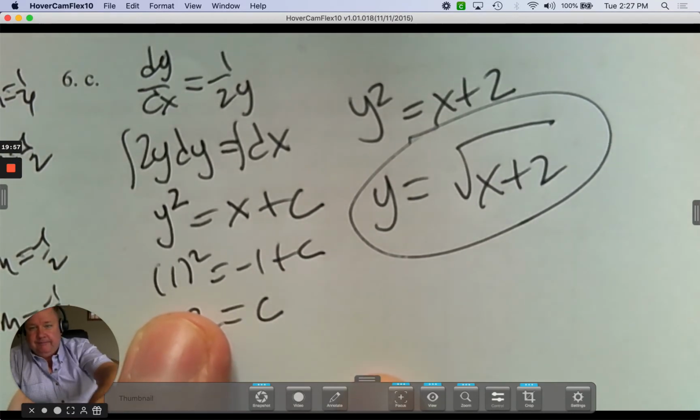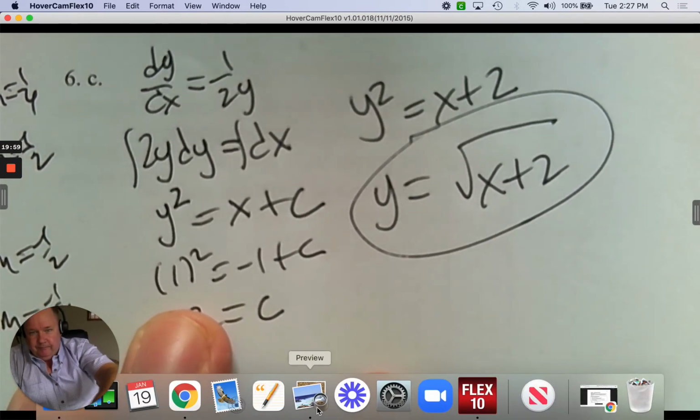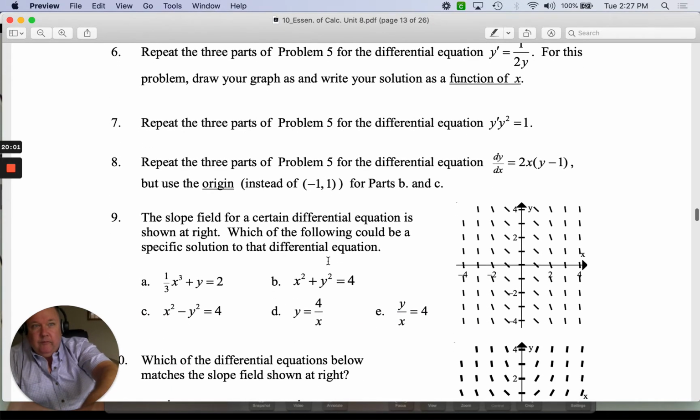All right, number 7. So number 7 is repeat the 3 steps above for 5, and now we have a different one again. Again through -1, +1. Let's practice again. So we have a different, what's the diff EQ here? So I need to get y prime by itself.